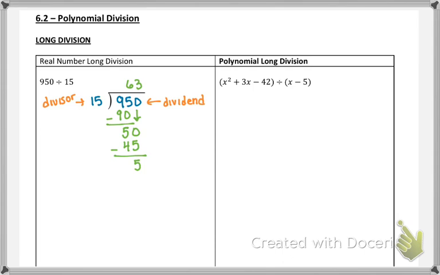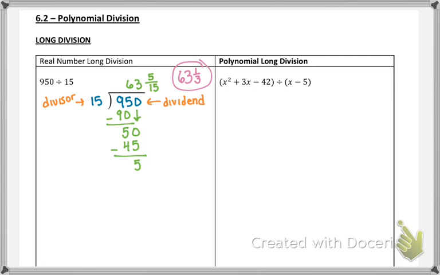And so once you get a remainder, what we can do with the remainder is write it as a fraction over the divisor, 5 over 15, which gives us 63 and 1/3 when I simplify, and that's my answer. Okay, so I don't have to keep bringing down 0. Whatever my remainder is, all I have to do is write it as a fraction over the divisor and simplify if I can, and that's my exact answer. 950 divided by 15 is 63 and a third.